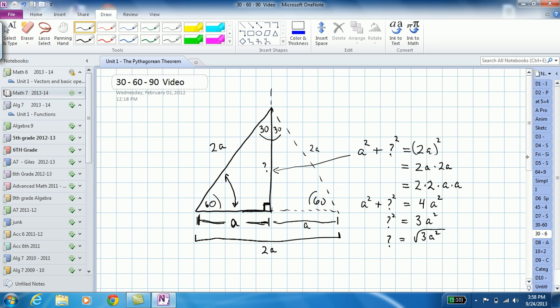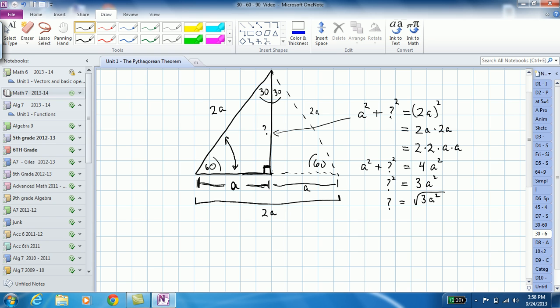And here's where we have simplified radicals in the past. If we have a perfect square inside the radical, it can come out. So the square root of a squared is just the a, and the 3 is all by itself. It cannot come out. So a root 3. So what is this saying? Well, this is saying if you know the short leg, you can go to the long leg by taking a and multiplying it by root 3.